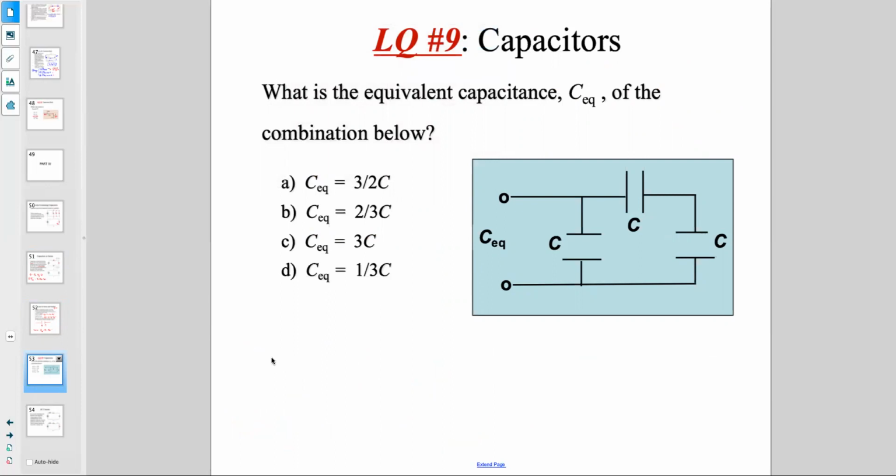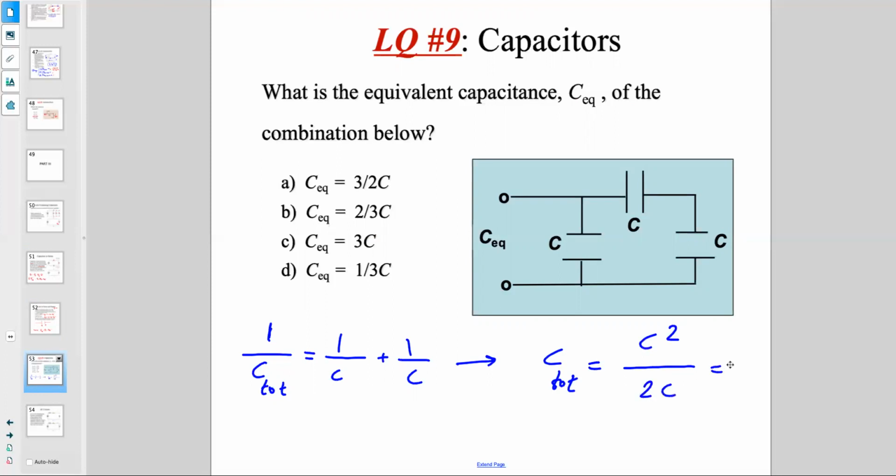So 1 over C total is 1 over C plus 1 over C. In other words, C total is C squared over 2C, which is C over 2. So here I can replace these 2 with a capacitor of C over 2.